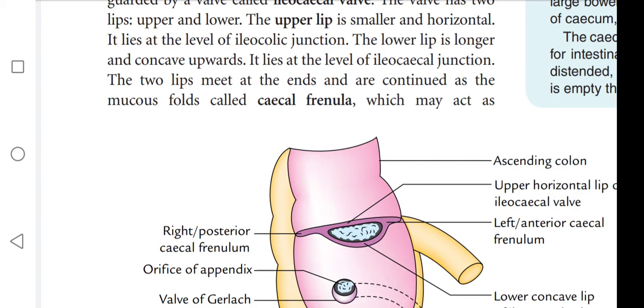The two lips meet at the ends and are continued as mucous folds called cecal frenula.